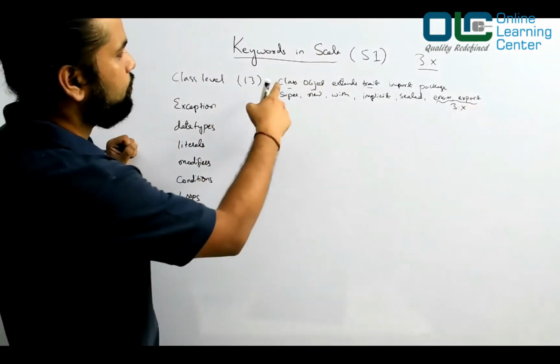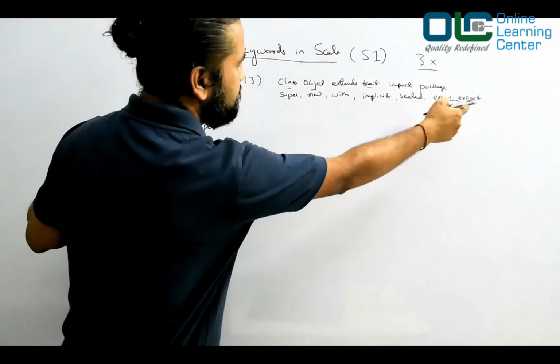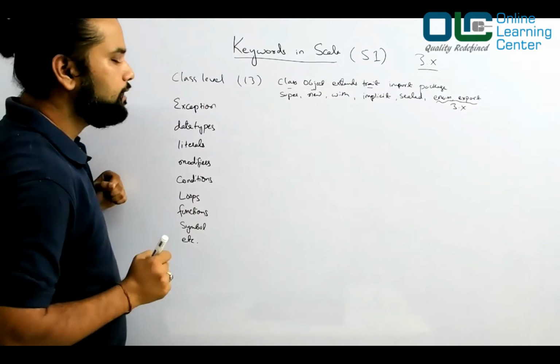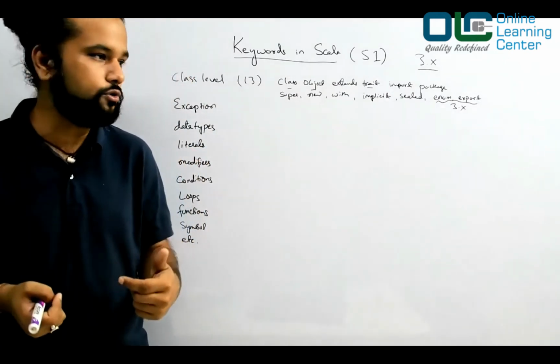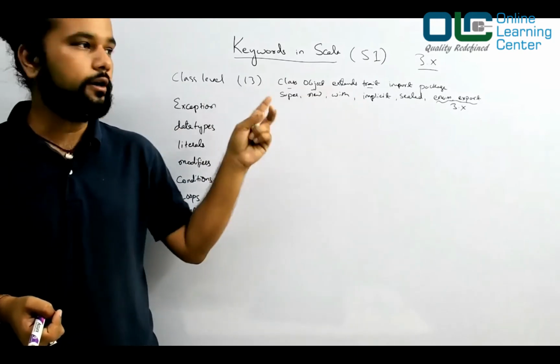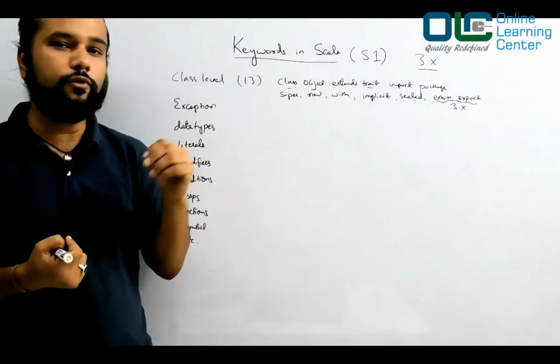So counting them, there are 13 class level keywords. We will be learning all these things as we move on with the course. Right now we will not be able to demonstrate everything.